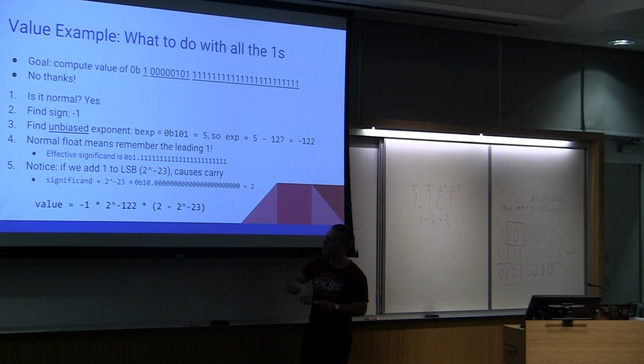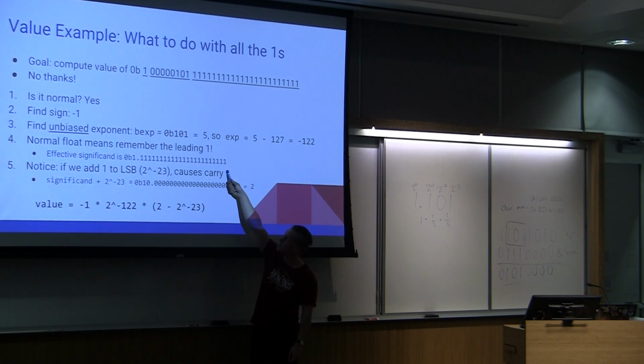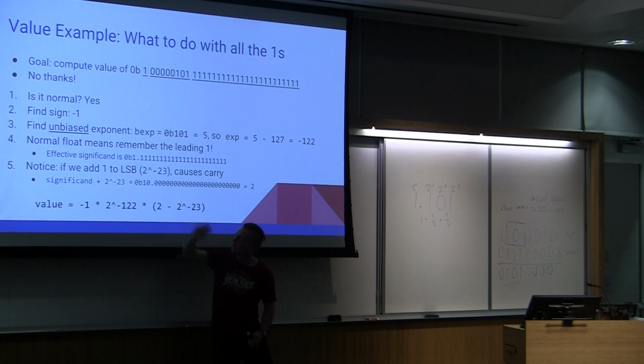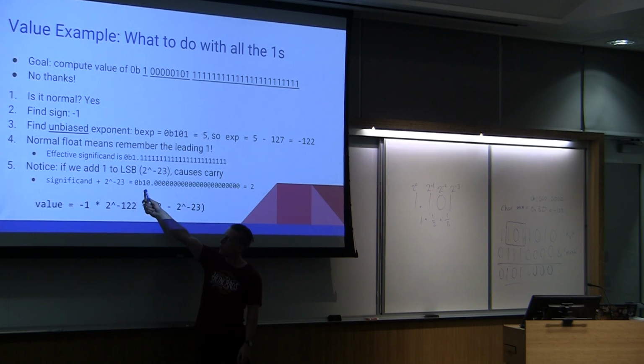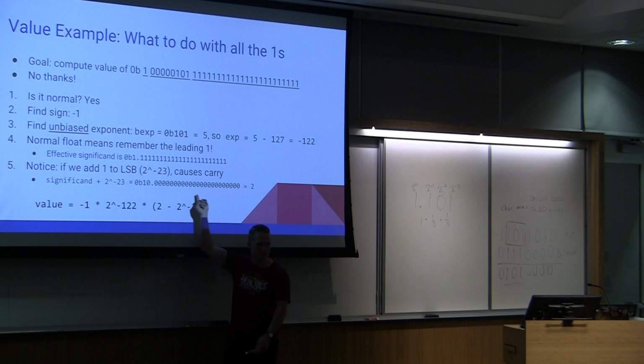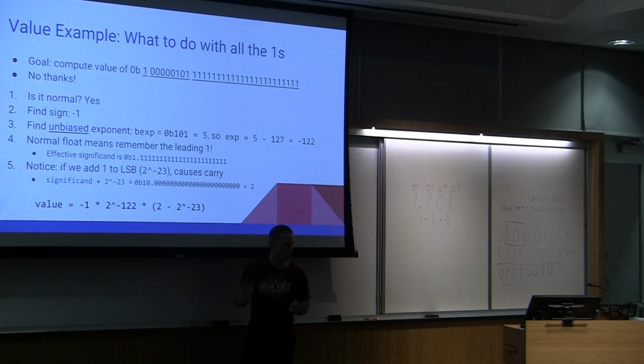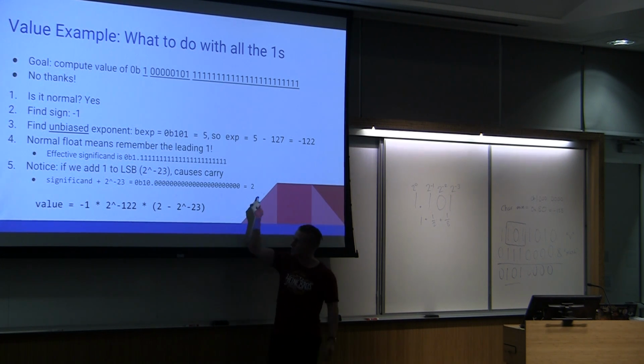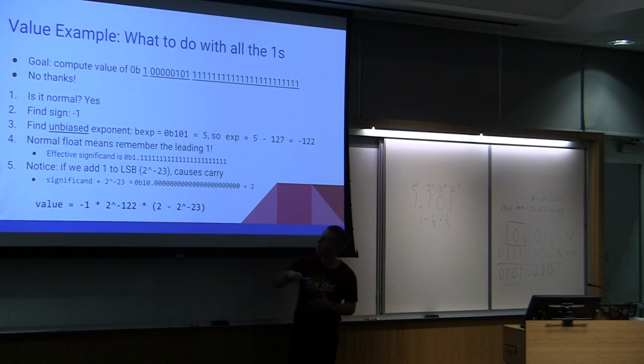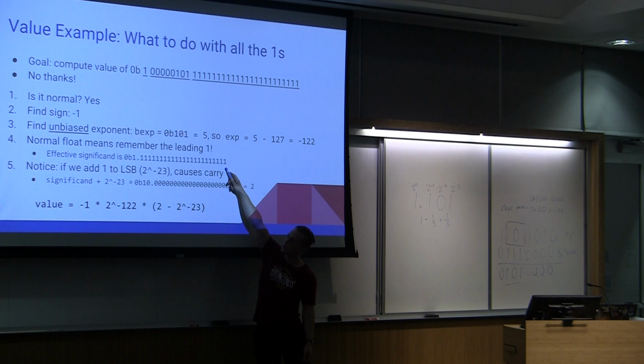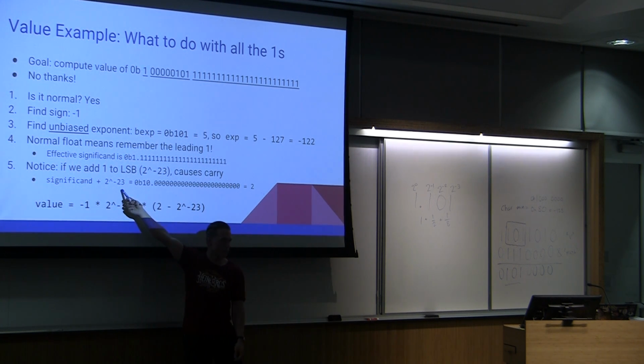Or I could notice that if we add just a 1 to the least significant column, then we'll carry all the way up to the left, and we'll end up with the number 2. 10.000 is just the number 10, which equals 2 in decimal. To do that, I added 1 to the 23rd column to the right of the decimal place, so the amount I added was 2 to the negative 23rd.